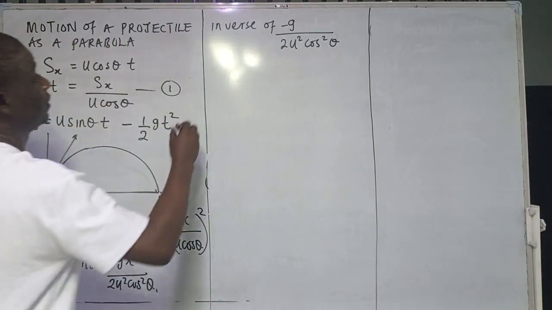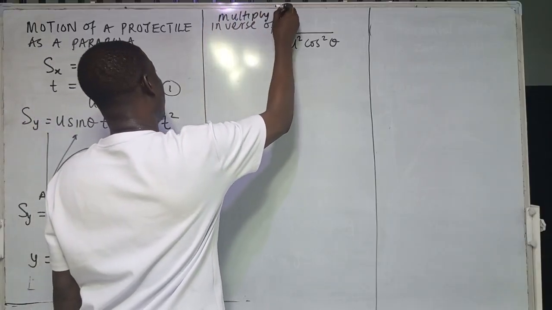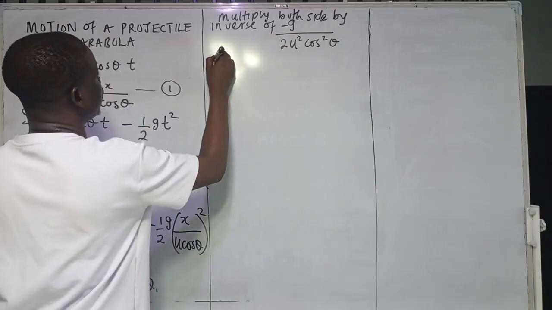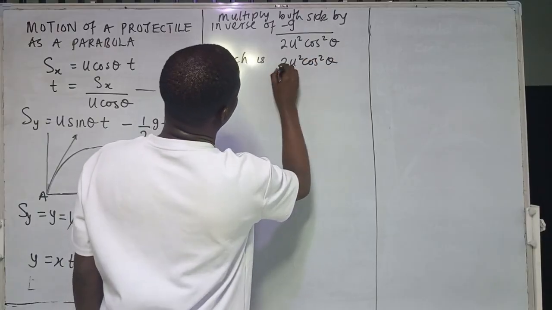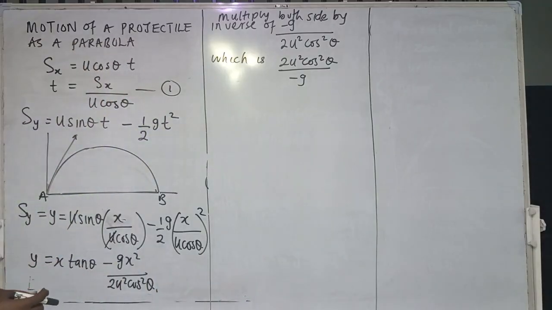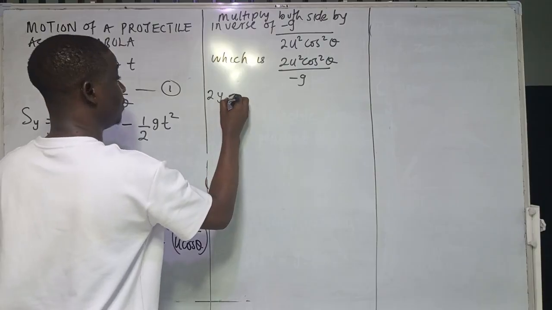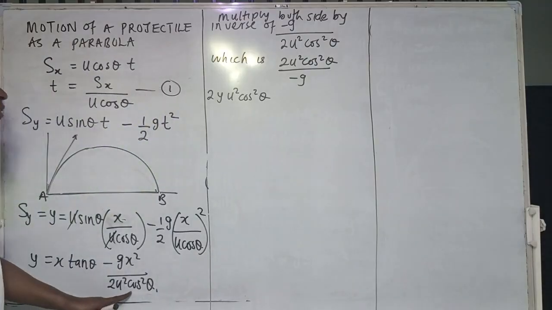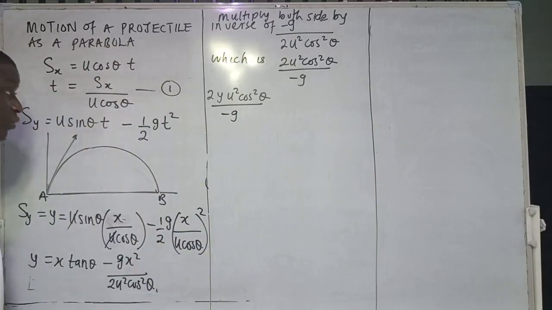So multiply both sides by the inverse of this, which is 2U square cos square theta over minus G. If you multiply both sides by that, I want to have it as 2Y U square cos square theta over minus G on this side.